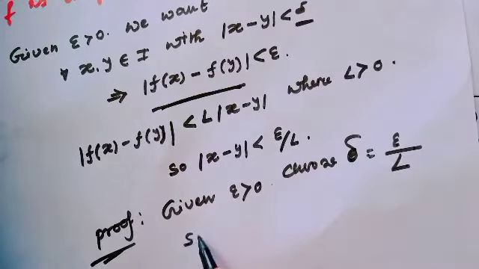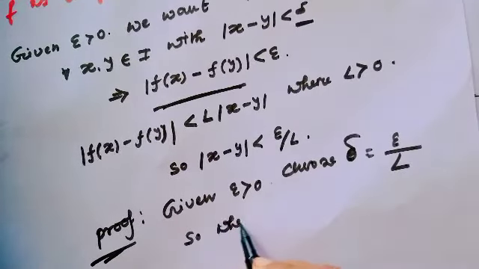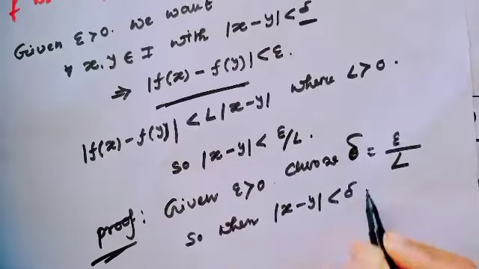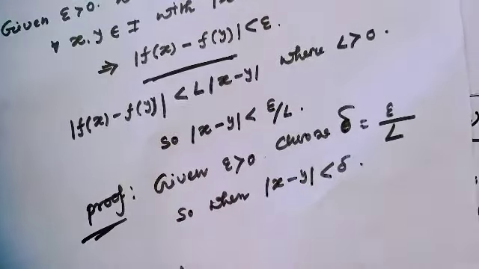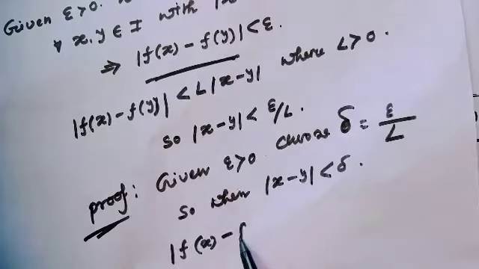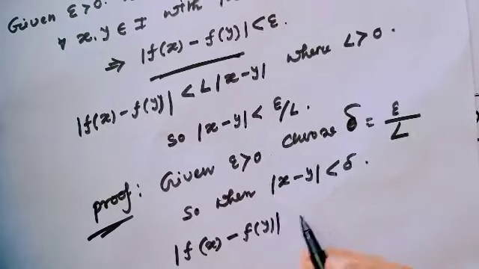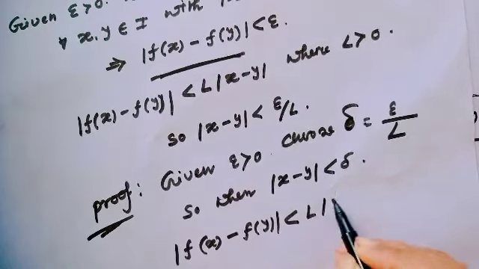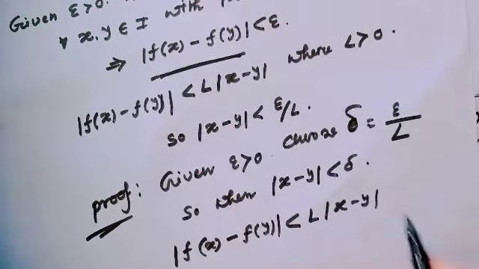So when the absolute value of x minus y is less than delta, since the function is Lipschitz, the difference of the output f(x) minus f(y) is less than L times the difference of the input.